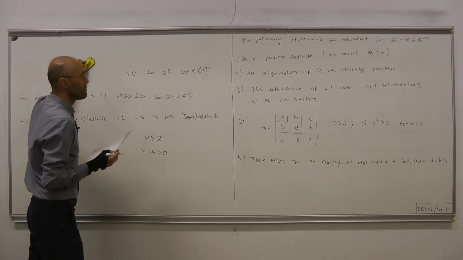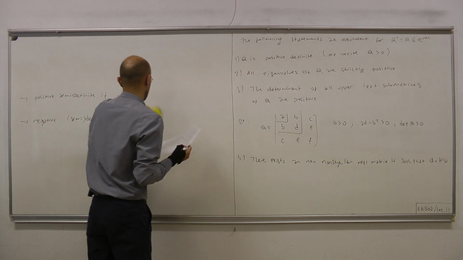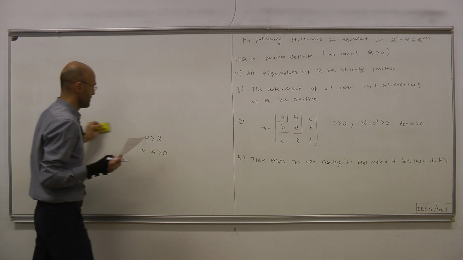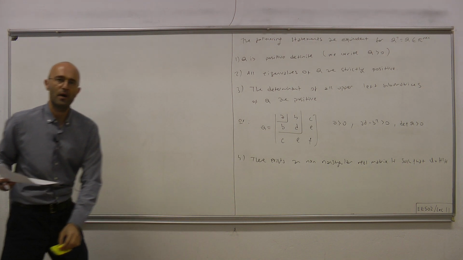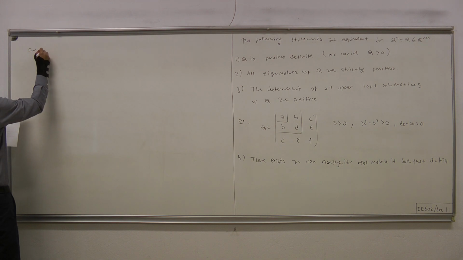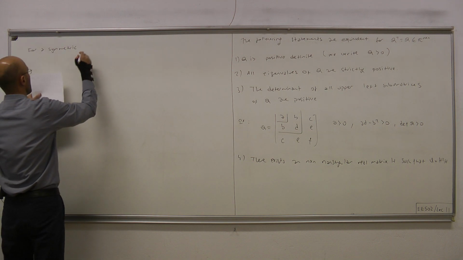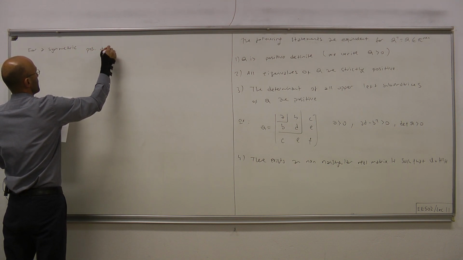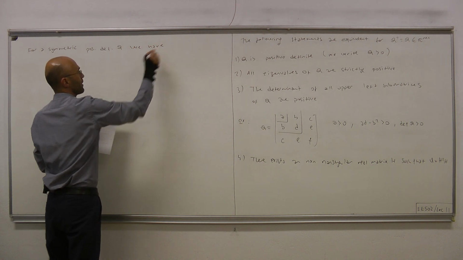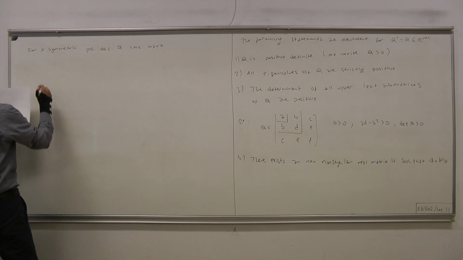And finally, for a positive definite matrix, there's a relation between the Euclidean norm of x and the value x transpose Q x. So for a symmetric positive definite Q, we can write the following. Again, this will prove useful in our later analysis.